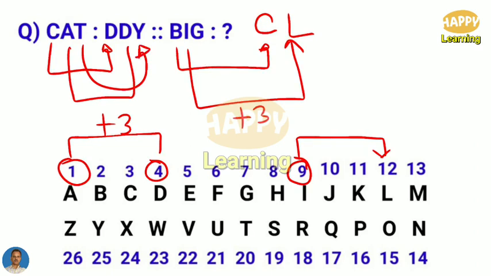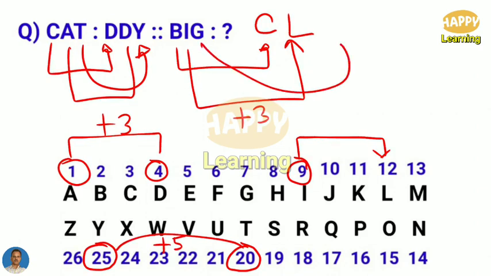What is the code for T? 20. What is the code for Y? 25. That means you are adding plus 5. So from G with plus 5, what is the code for G? 7. 7 plus 5 is 12.